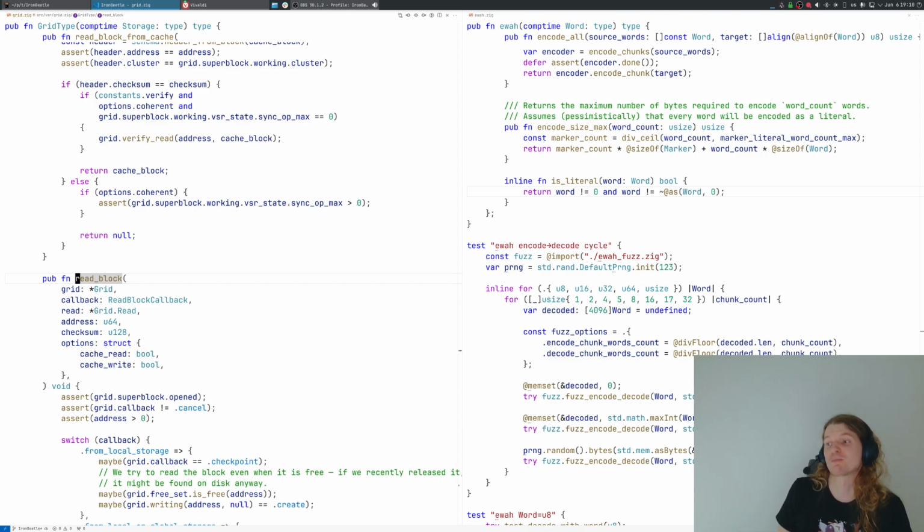It seems impossible. You want the allocation to be non-deterministic because you want concurrency, and at the same time you want your allocation to be deterministic so that your grid ends up being deterministic, so that you can do this block-wise repair. And the way we solve this problem is by splitting block allocation into 2 phases: reservation and acquisition proper.